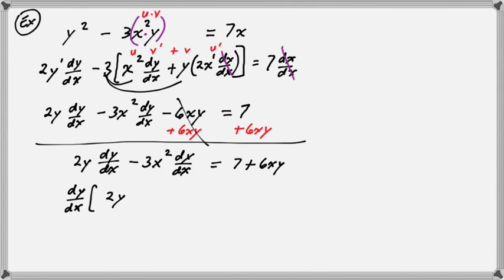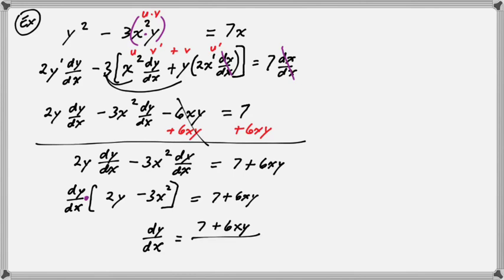That would leave me with 2y minus 3x squared. And on the right, I would have the same thing. Again, the opposite of multiplying here would be to divide. So if I divided to find dy/dx, I'd have 7 plus 6xy, all divided by 2y minus 3x squared.